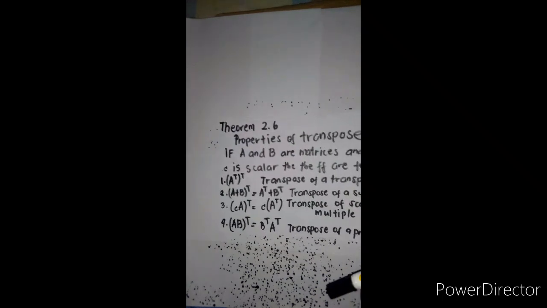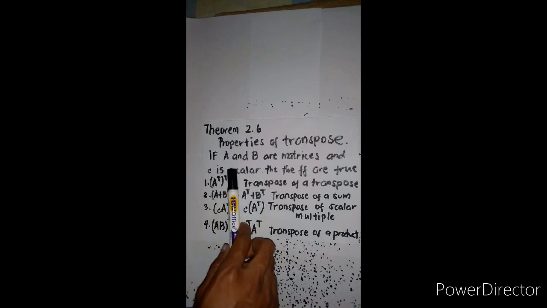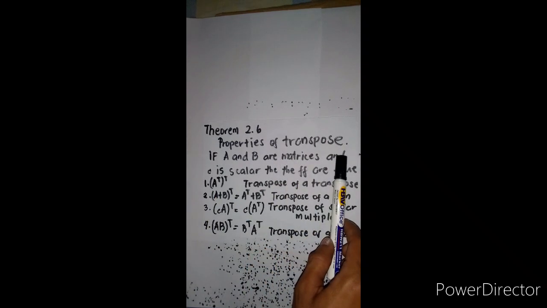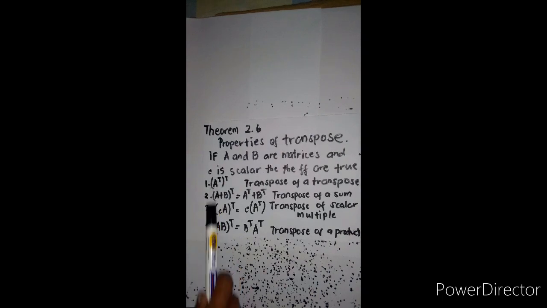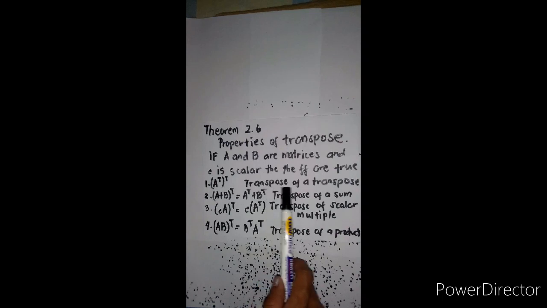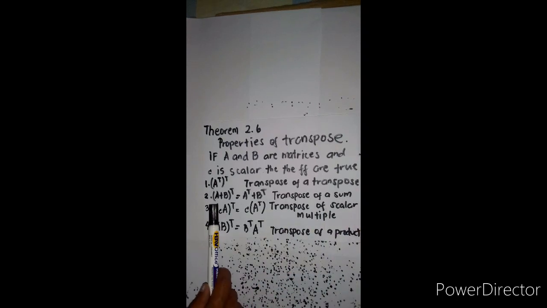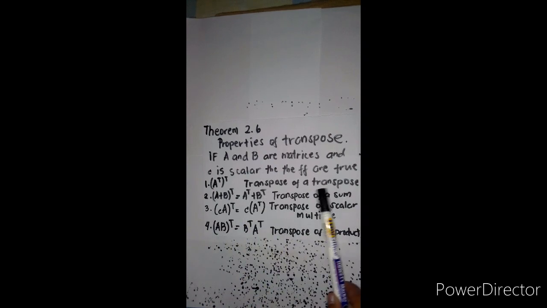For the next theorem, Theorem 2.6, properties of transpose. If A and B are matrices and C is a scalar, then the following are true. A transpose transpose equals A, that's called transpose of a transpose. A plus B transpose equals A transpose plus B transpose, or transpose of a sum.